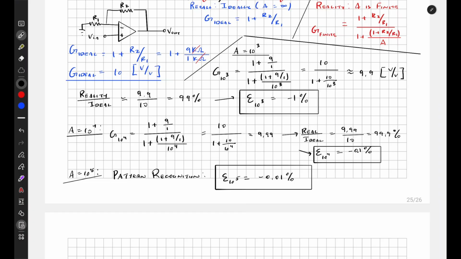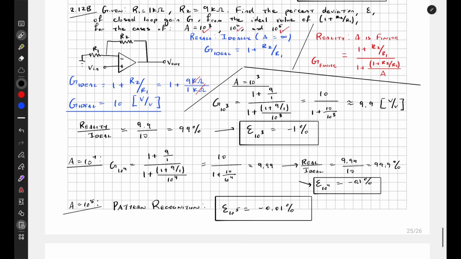But before I move on, I just want to make one more comment. The purpose of this exercise was to demonstrate the notion that the ideal approximation, which assumes that open loop gain is infinity, is actually a very good measure of the behavior of the circuit.